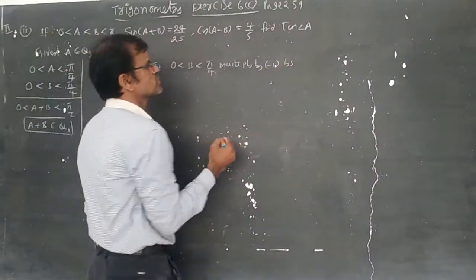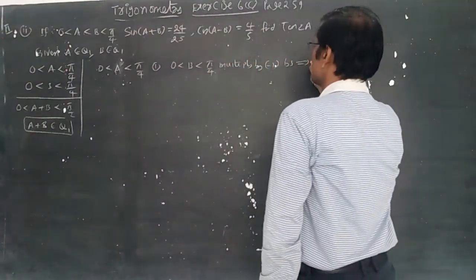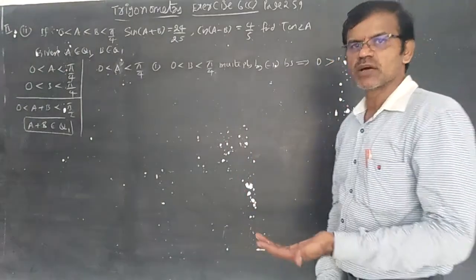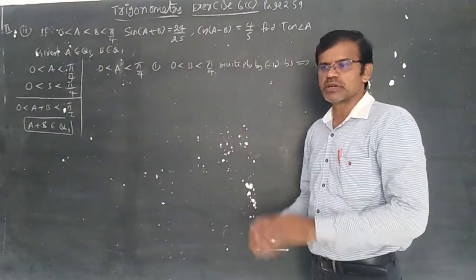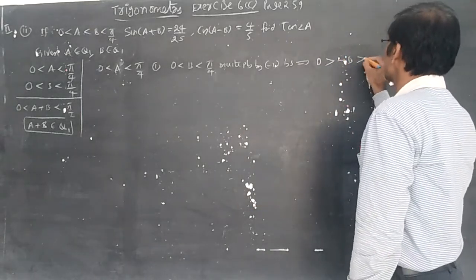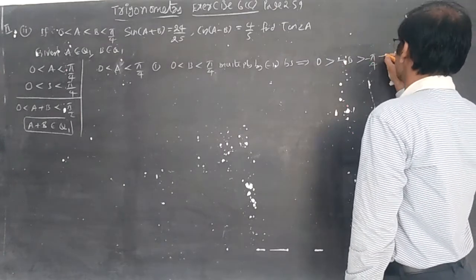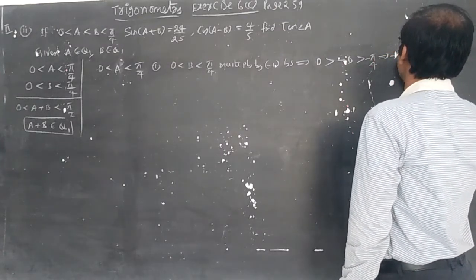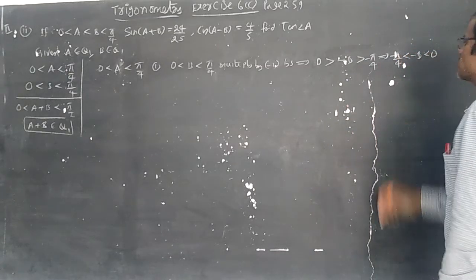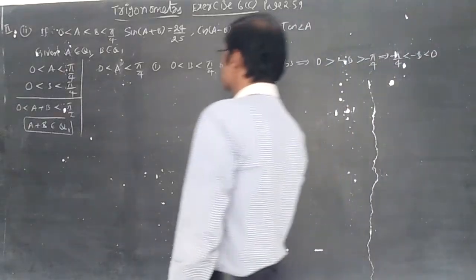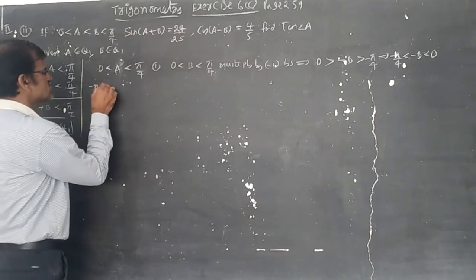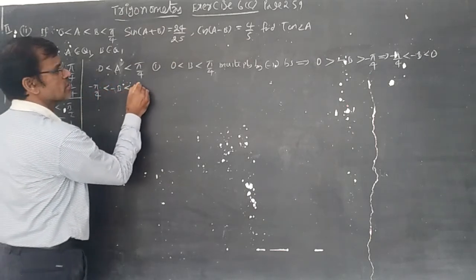Whenever you multiply by a negative number, the symbols become opposite. So 0 greater than minus b greater than -5/4. That implies, changing the symbol, -5/4 less than minus b less than 0.